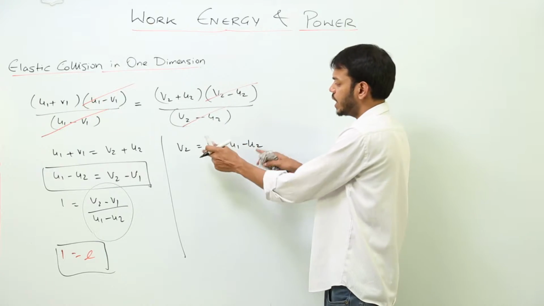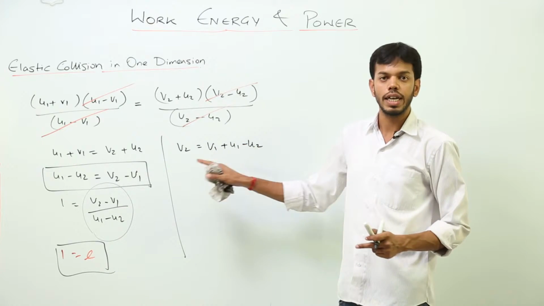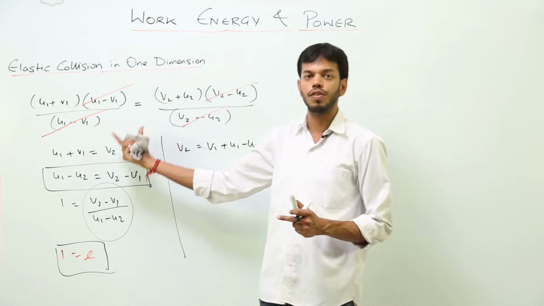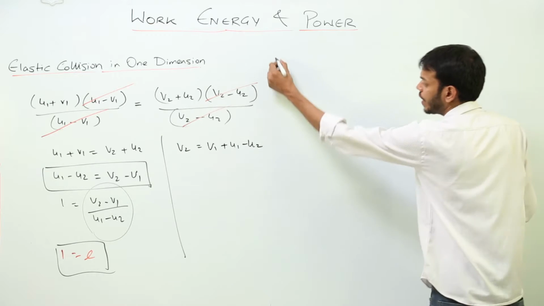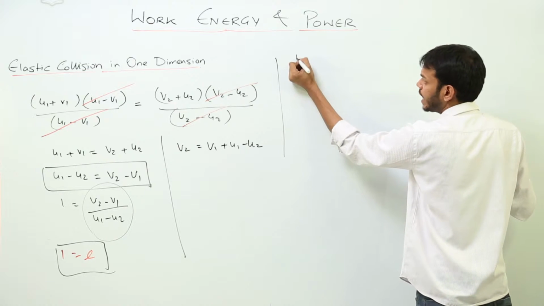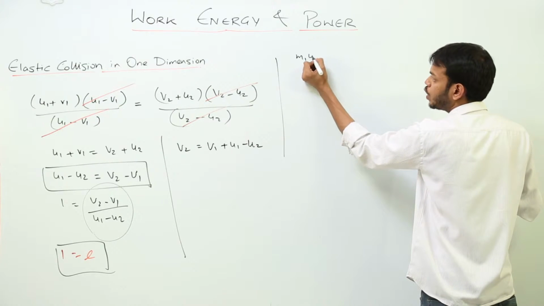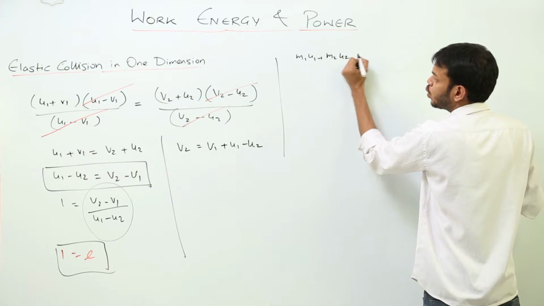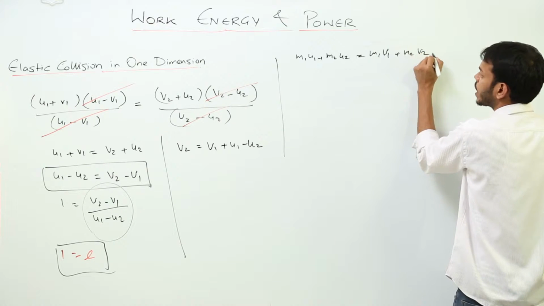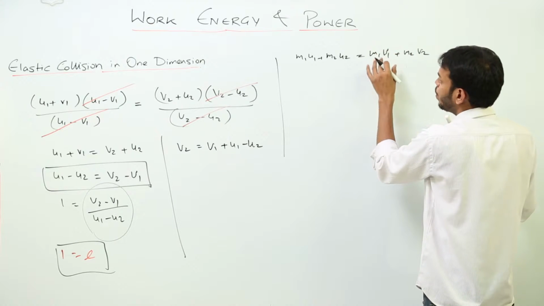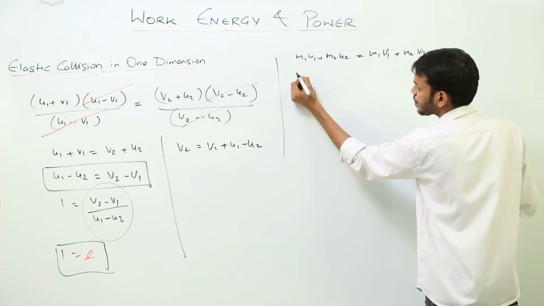Now I have to put this equation into what I got after deriving from the conservation of linear momentum, and that equation was, I don't have to go back, I can do it again. How did we do that? m1 u1 plus m2 u2 was equal to m1 v1 plus m2 v2, right? And we brought this term here.